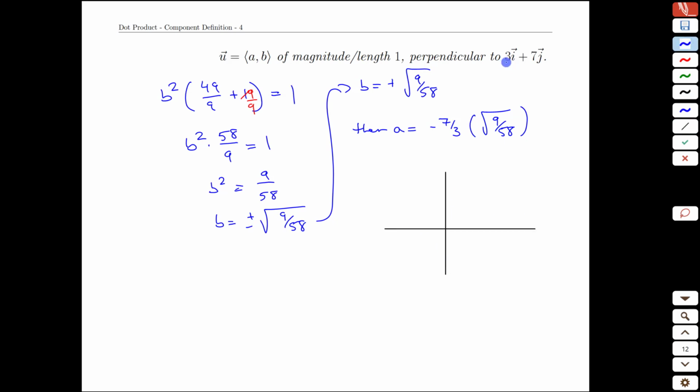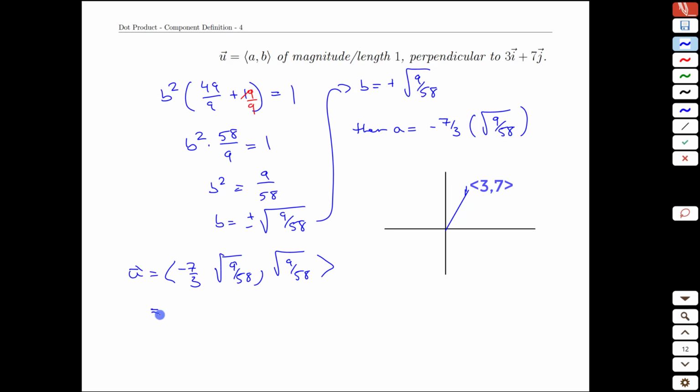If we draw the vector 3, 7, so 3 and 7, more up than right, that is our vector here. We have found the vector u, which is a, negative 7/3 times the square root of 9 over 58, comma the b value, which we are taking the positive root to start, square root of 9 over 58, like so.